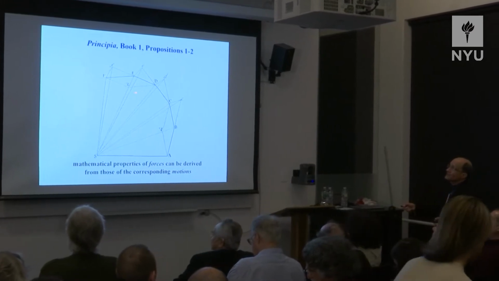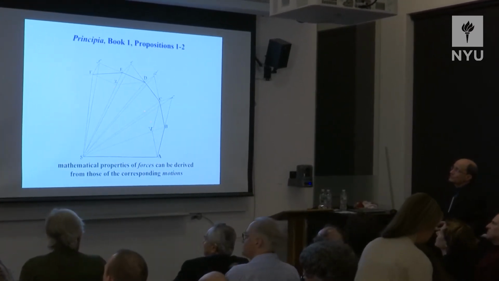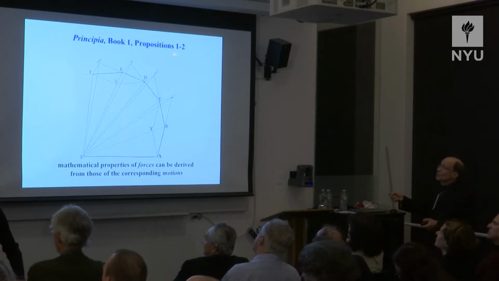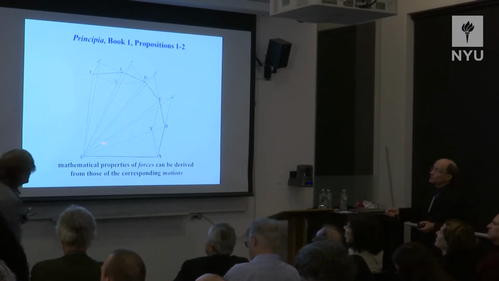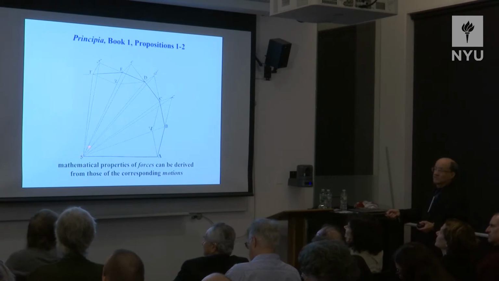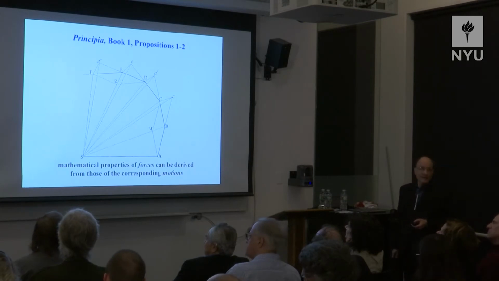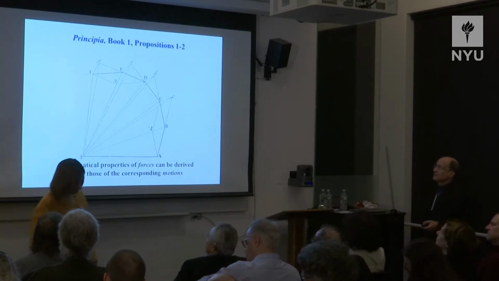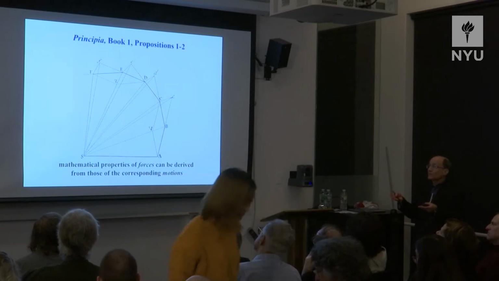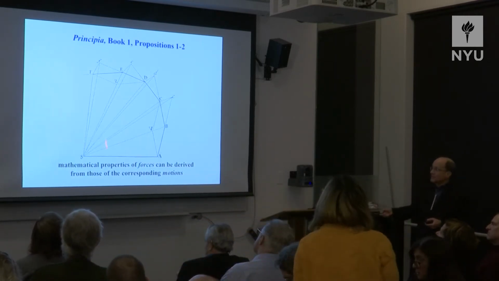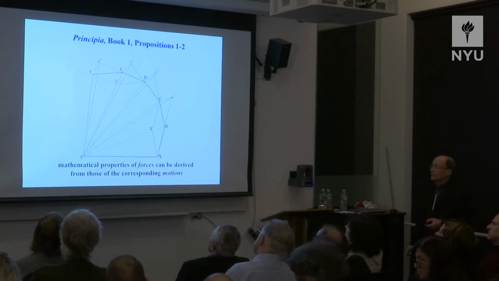And one thing about this is that the notion of force is a rather abstract one. It's just whatever it is that is producing this motion towards the center, that has this relation to the inertial, tangential motions that would be there if the force weren't acting. We don't need to know anything about what kind of force it is, what its mechanism is, just that it has these properties. That's sufficient to do these deductions.